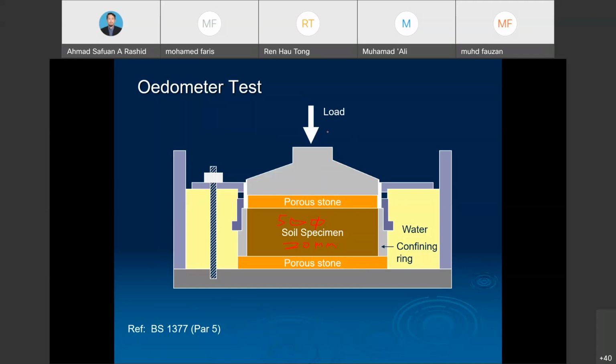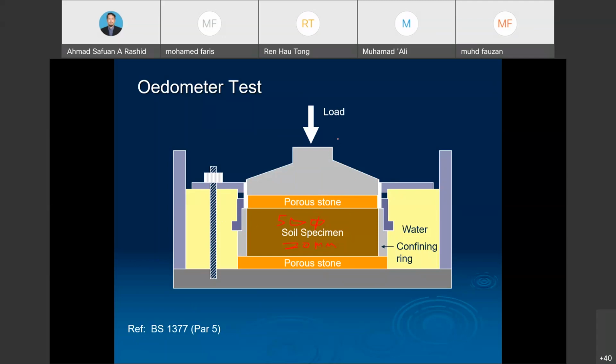Before the loading process, the water will be filled up to the top of the oedometer setup. The confining ring is made from steel or aluminium, and the consolidation process is only allowed in 1D.